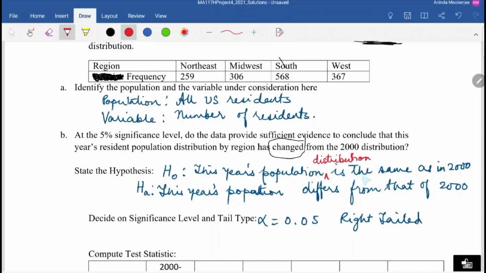This year's population distribution is the same as that in 2000. Alternate hypothesis is going to state this year's population distribution differs or has changed from that of 2000. This should be population, right? Population.